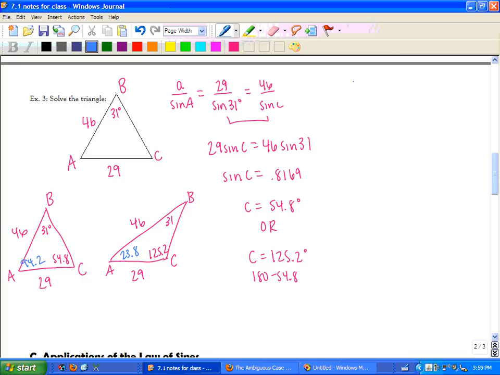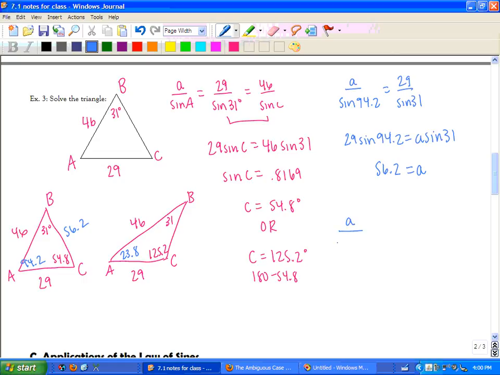So it's either going to be A over the sine of 94.2 equals 29 over the sine of 31. Again, you could use, now that we know angle C, but if you mess up angle C, you've messed up other stuff, so you might as well go back to the beginning here. So 29 sine 94.2 equals A sine 31. So A is 56.2.